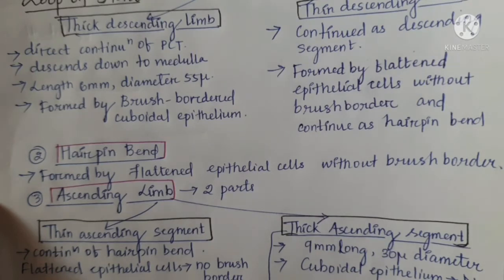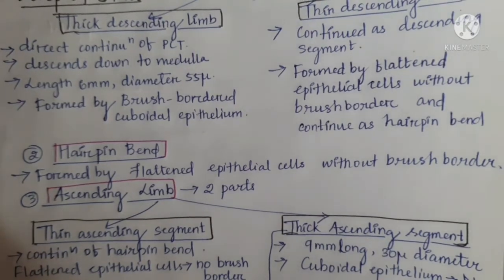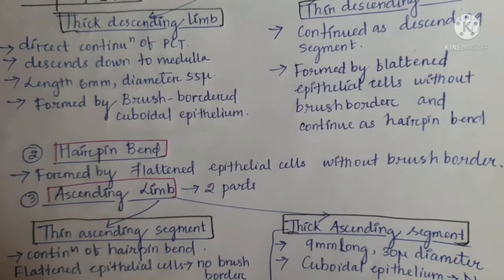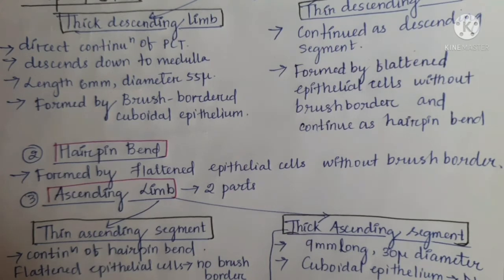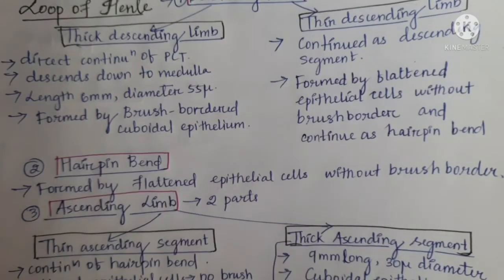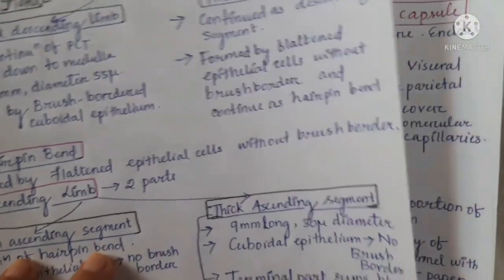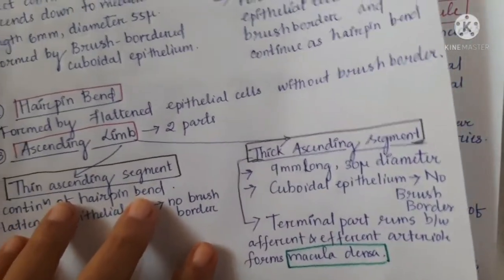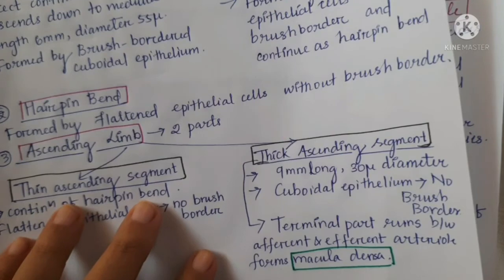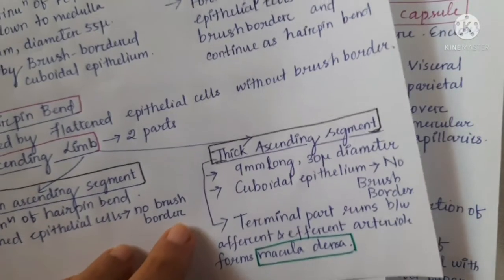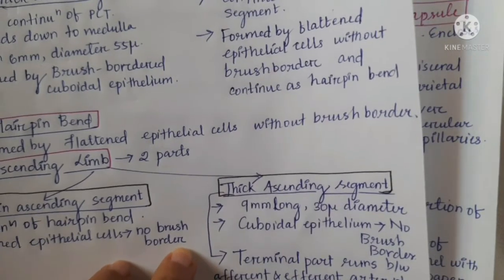Then the ascending limb. It is also divided into two parts: the thin ascending segment and the thick ascending segment. The thin ascending segment is the continuation of the hairpin bend, made up of flattened epithelial cells with no brush border. The thick ascending limb is 9 mm long and 30 μ in diameter, made up of cuboidal epithelium, and it has no brush border.